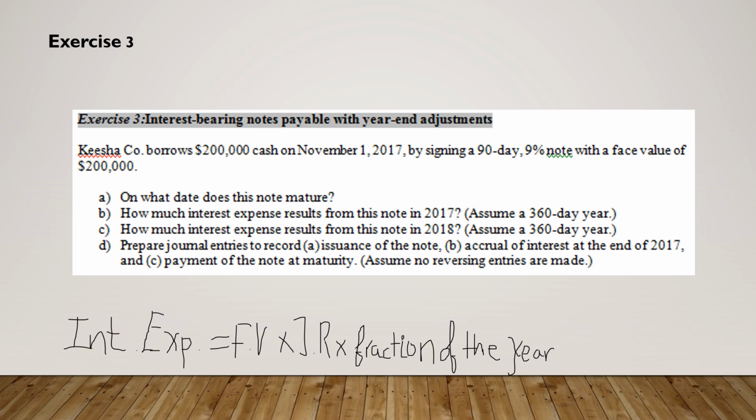Actually, this note is issued on November 1st, 2017, and its duration will be 90 days. So the maturity date will be after 3 months from the issuance date, which is November 1. I just add another 90 days, so the maturity date will be January 30, 2018.